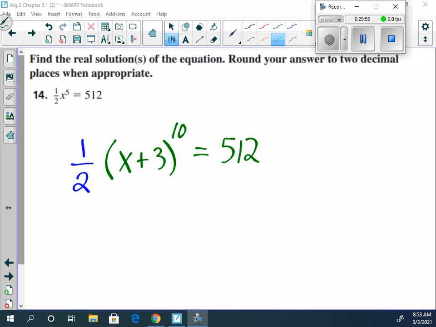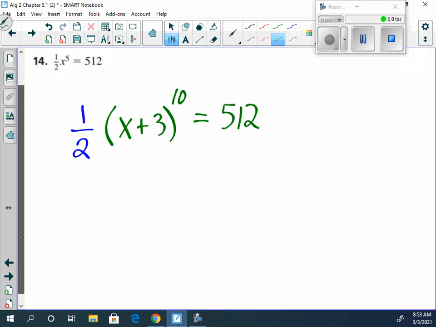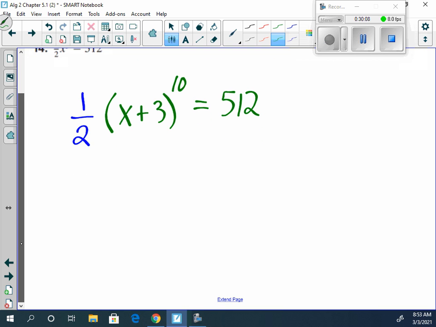Okay, so the first thing we need to do is get the variable or term by itself. So what do we need to do? We can divide by 1/2, or what else could we do?